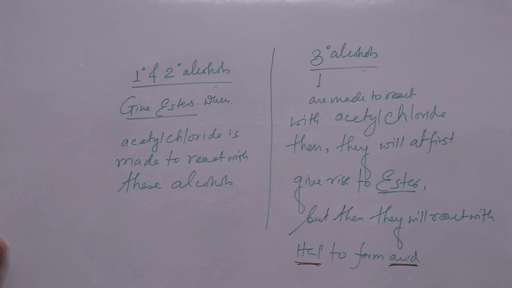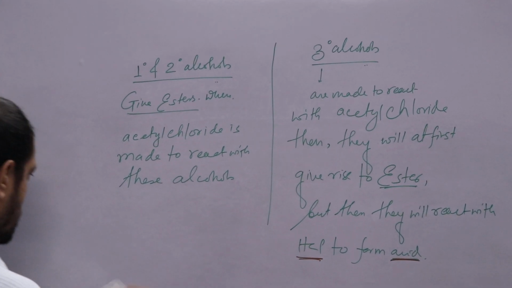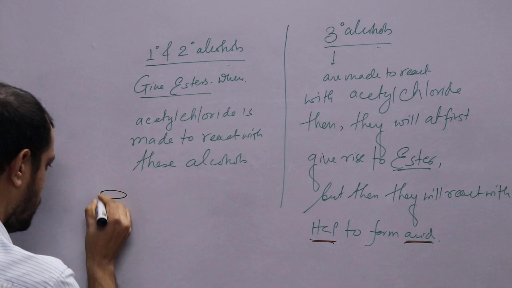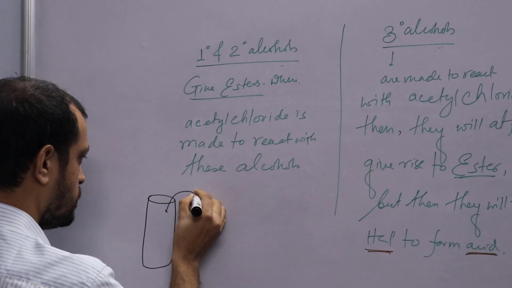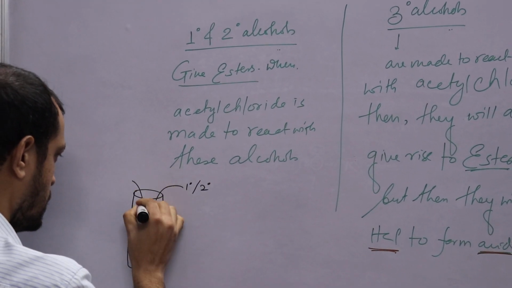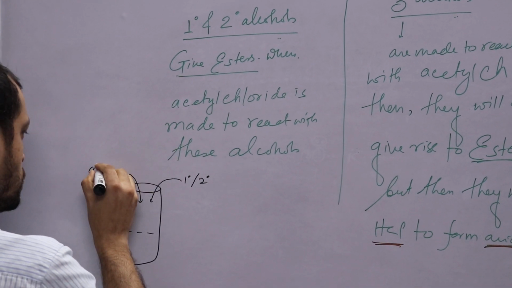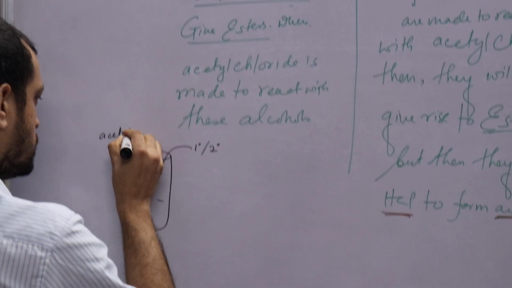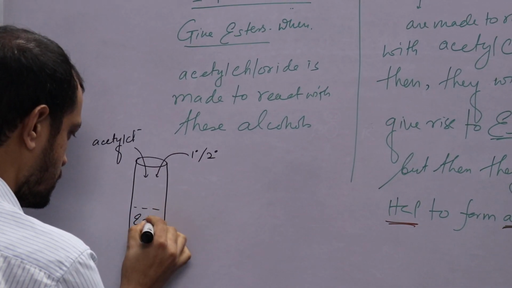All right. Now, what is the basic difference between 1 degree and 2 degree alcohol? That is, if in a test tube you have given 1 degree or 2 degree alcohol, and in that you have given acetyl chloride, then it will give ester.